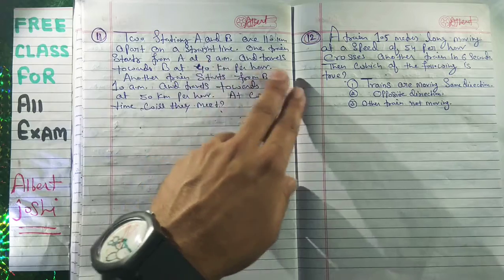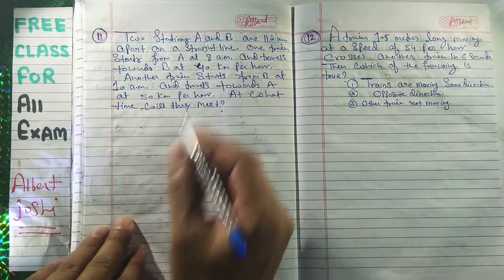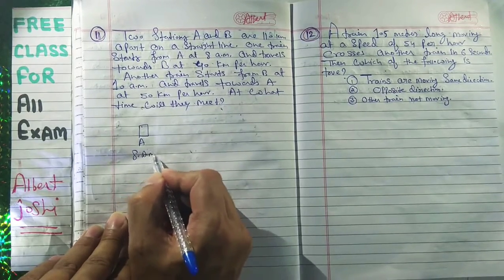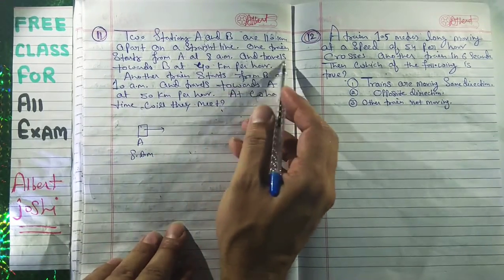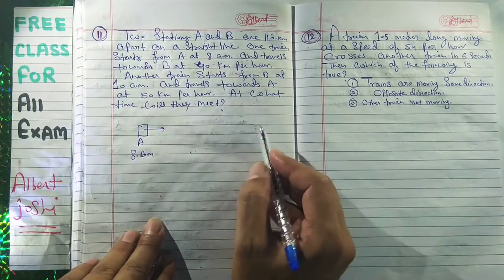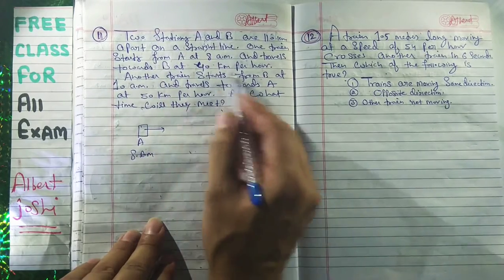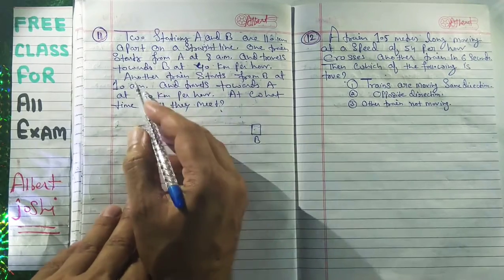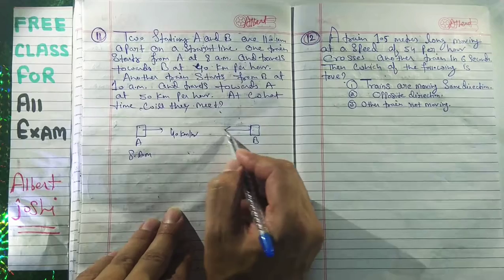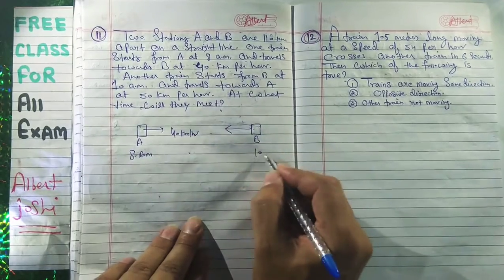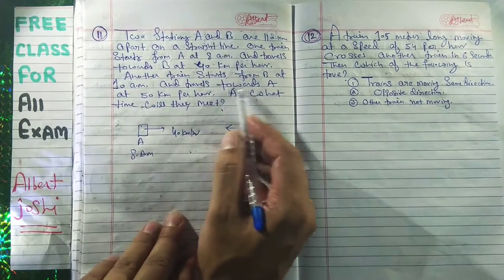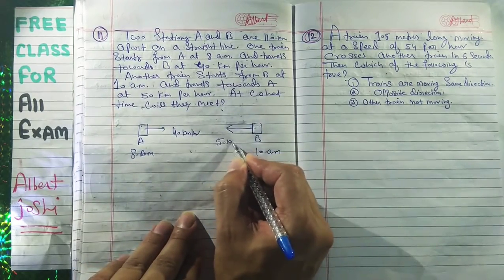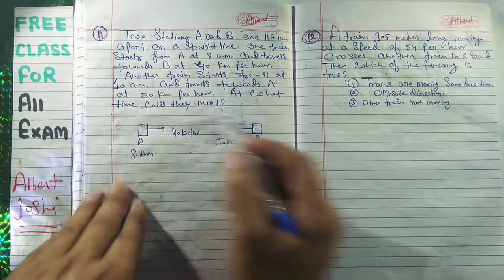One train starts from A at 8 a.m. and travels toward B at 40 km per hour. And another train starts from B at 10 a.m. and travels toward A at 50 km per hour. At what time will they meet?